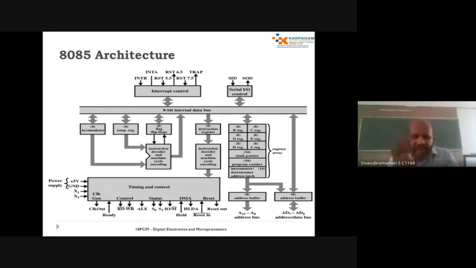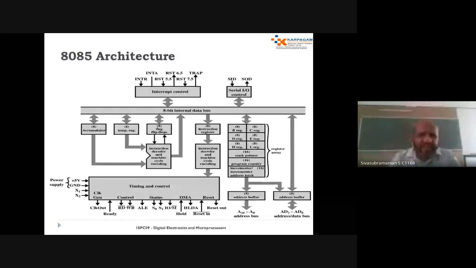Okay, there's a response. Fine. That screen will be visible to you, the architecture part. As your hands are drawing, just listen, put your ears to the speaker and get to know what each and every block does. Okay. So here you find a block by the name instruction decoder and machine cycle encoding, right?